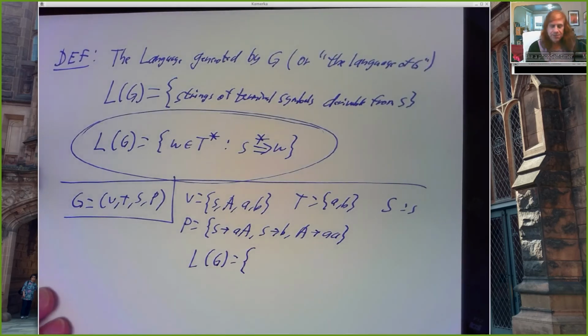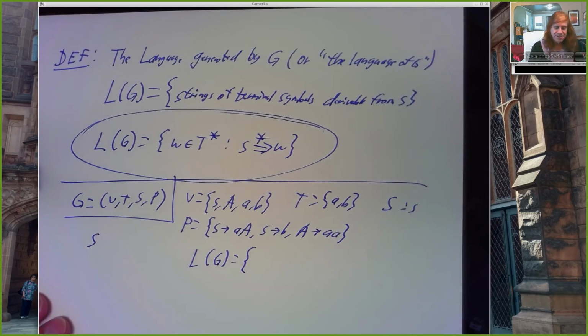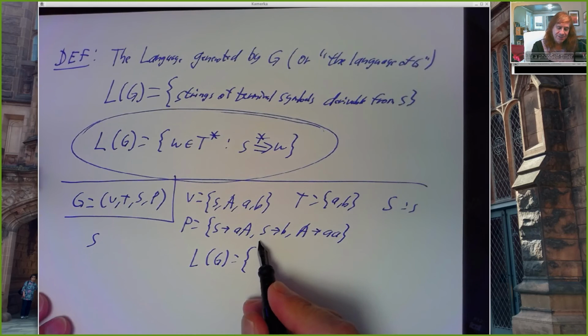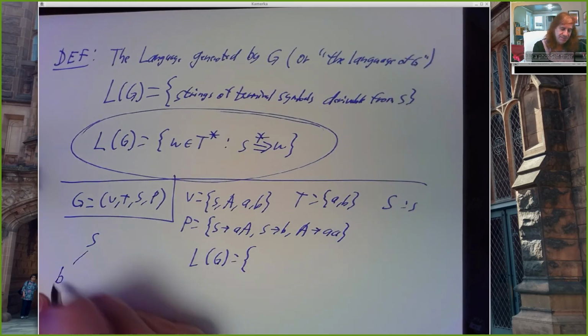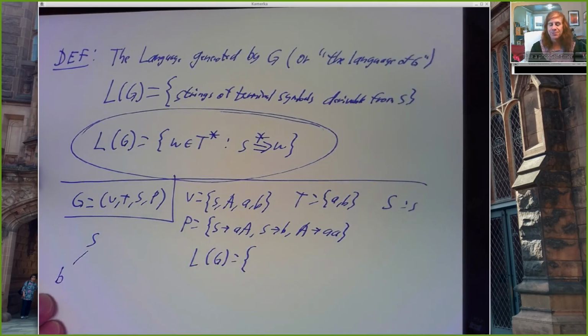So what are all the words in our language generated by G? Well, we can do our tree type derivation, start with a start symbol, and we've got a few possibilities. One possibility is we could just turn this into b, and that's a string comprised of terminal symbols. So b is certainly part of the language.